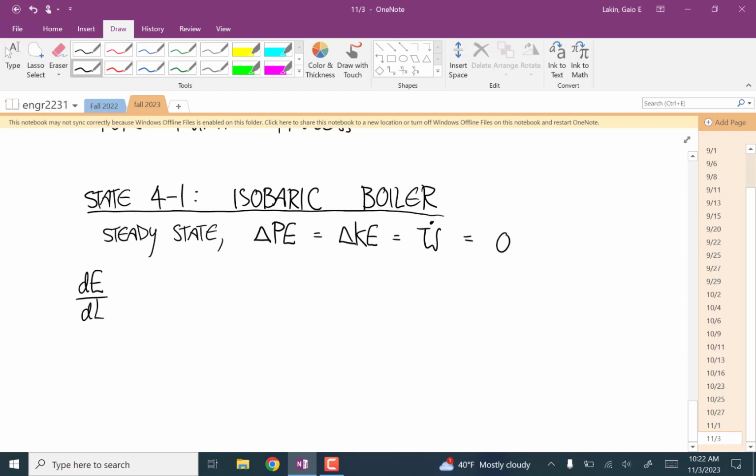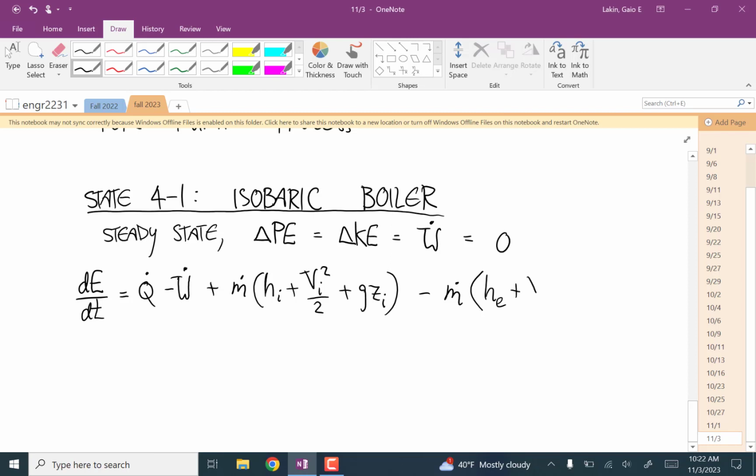Start with the control volume first law. Cancel the kinetic, potential, cancel the work, and dE dt.